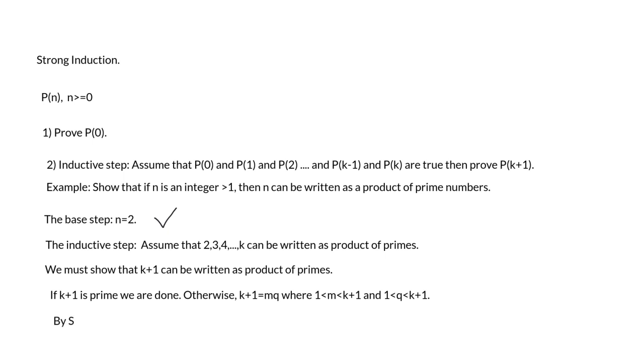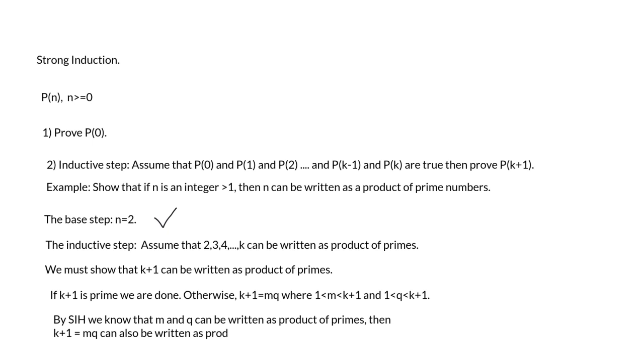Therefore, by strong induction hypothesis, we know that m and q can be written as product of primes, and k plus 1 is the product, and can also be written as a product of primes.